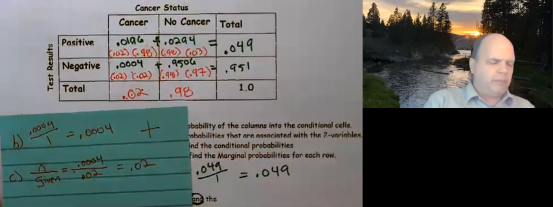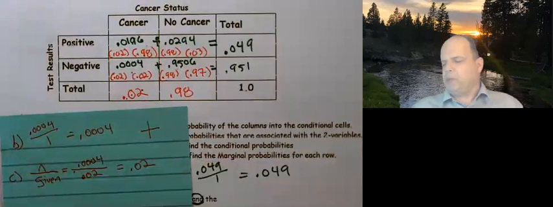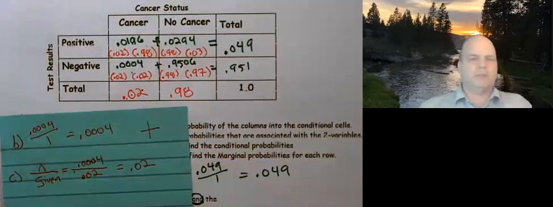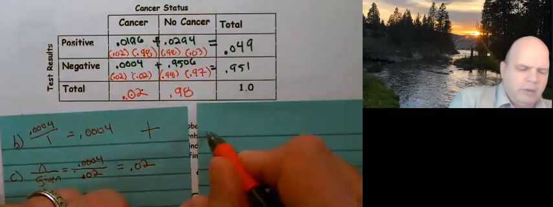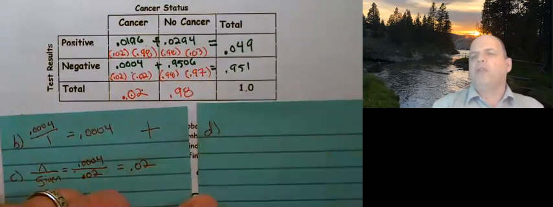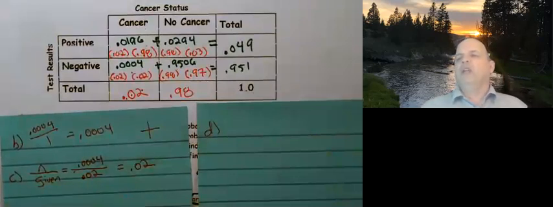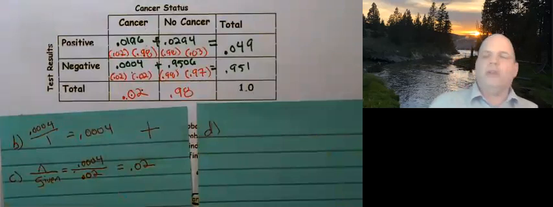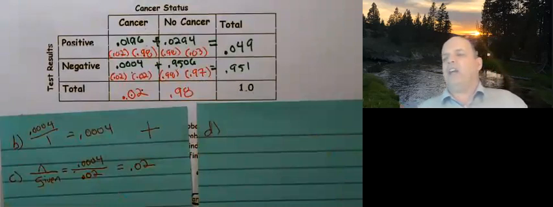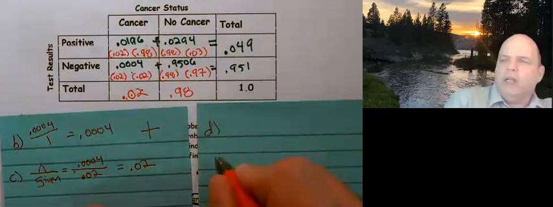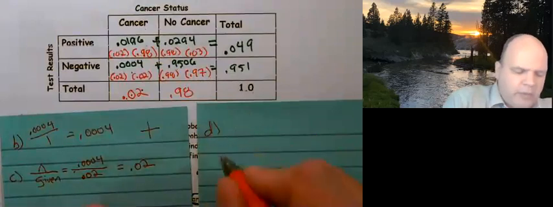Part D. Go to another slip of paper. If a person who is chosen at random from the clinic's patients, so out of the population, is given the test and it comes out positive. Ooh, so the test is positive. What is the probability the person actually has cancer? Once again, we have a given. And what are we given? Test comes out positive.